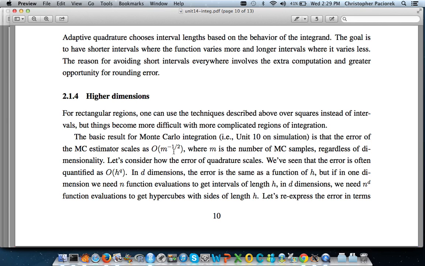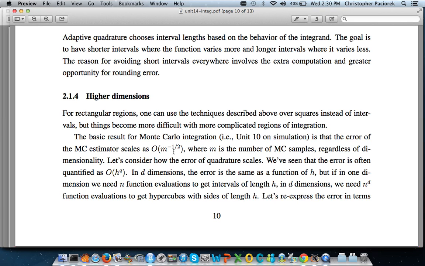If we allot those n evaluations over two dimensions, that's equivalent to doing the square root of n in each dimension. So our h is going to have to get much bigger in 2 dimensions than it was in 1 dimension if we use the same number of function evaluations n. And it gets even worse as we go to 3 and 4 dimensions in terms of the effective number of function evaluations.